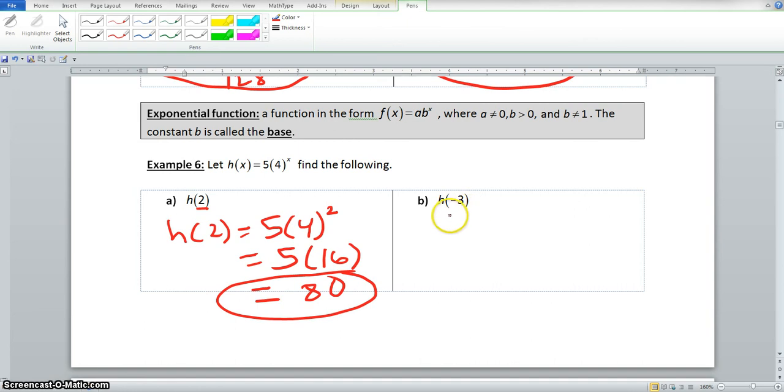Now we have h of negative 3. We do the same thing here. We will substitute in. We will have h of negative 3 is equal to 5 times 4 to the negative 3.